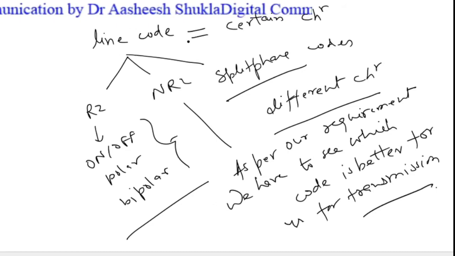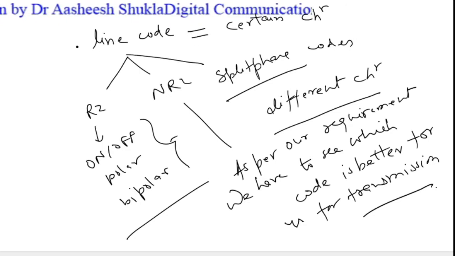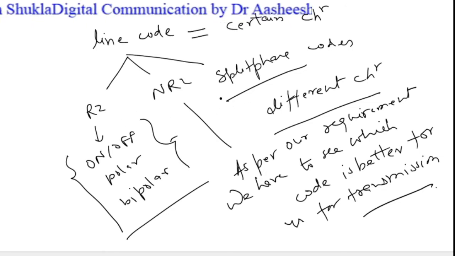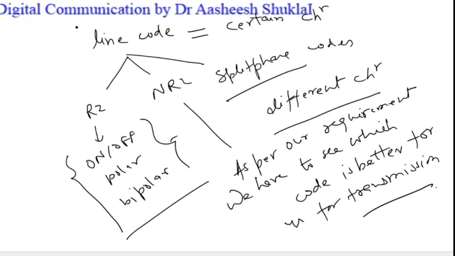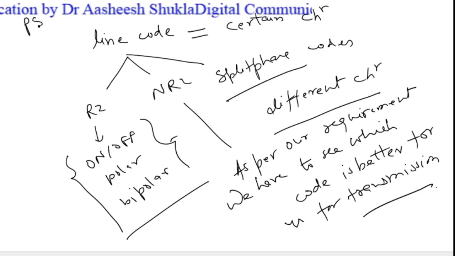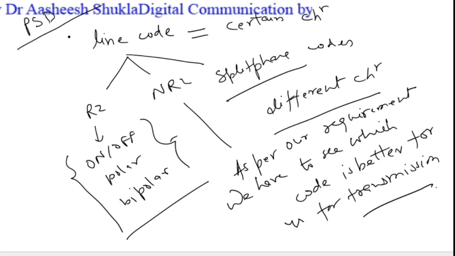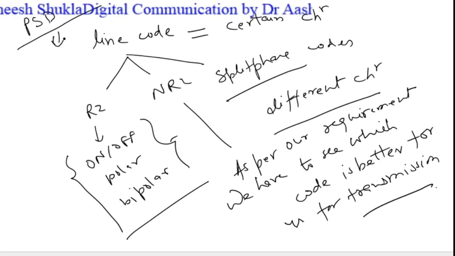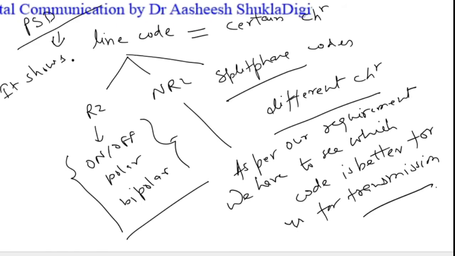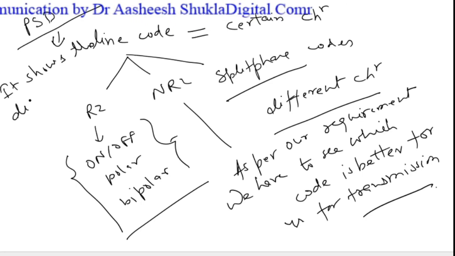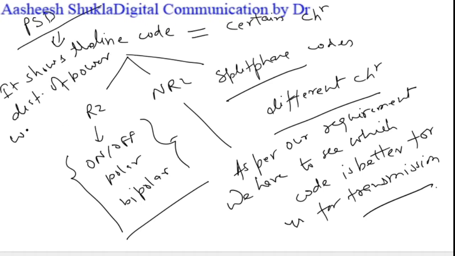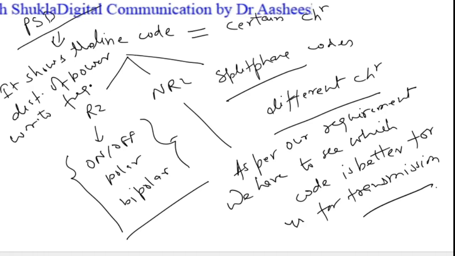So what I mean to say is that we have different line codes available, but we have to analyze which line code can be better for us. How can we analyze it, what parameter do we choose? We choose PSD, power spectral density. What is the definition of power spectral density? It shows the distribution of power with respect to frequency.